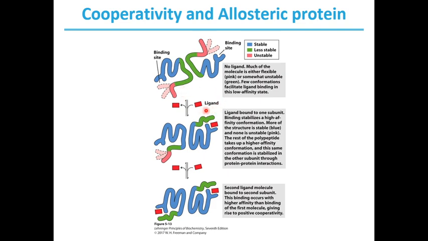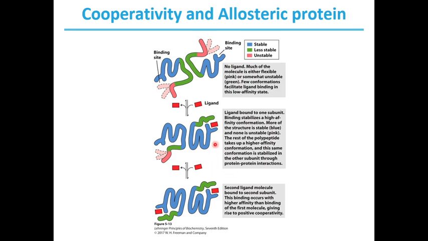The moment a ligand binds to this binding site, which is shown here, some of the green regions become blue, which means that the less stable regions become stable, and then there will be some less stable regions that interact with the ligand.